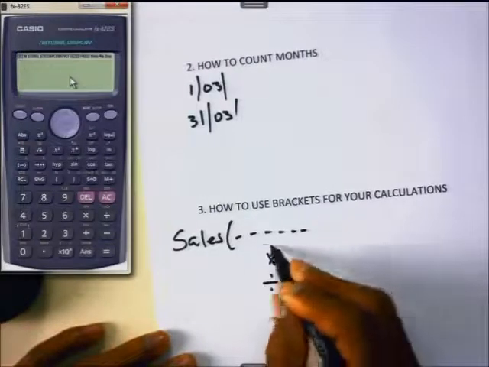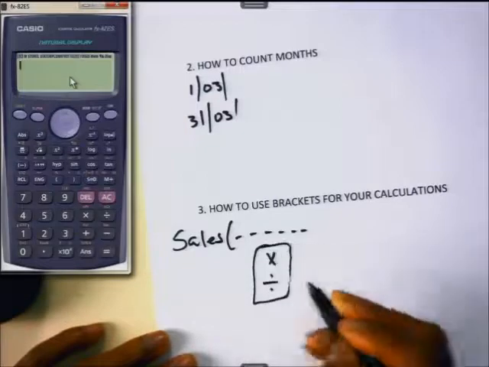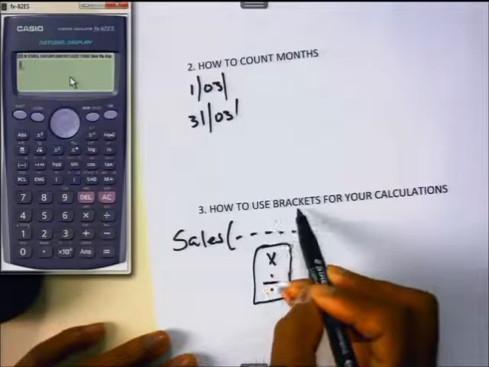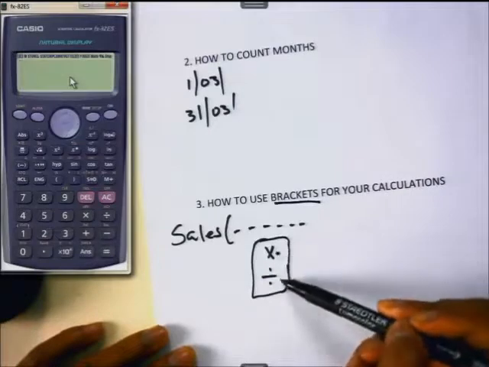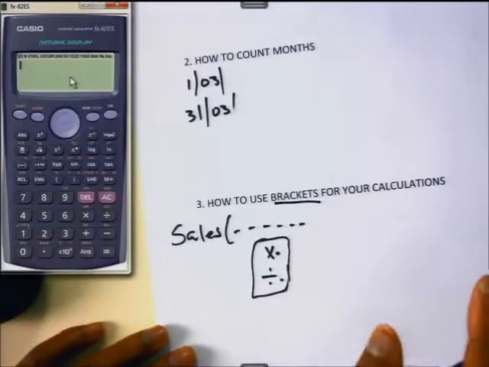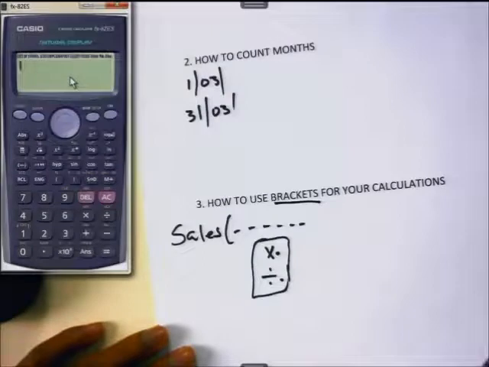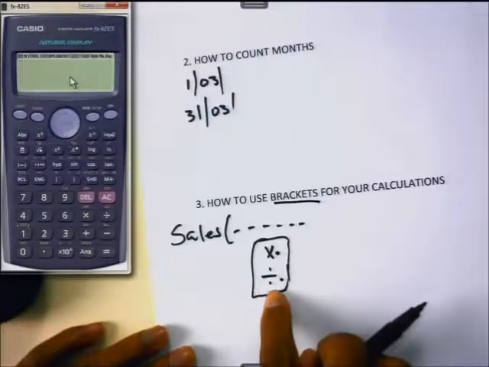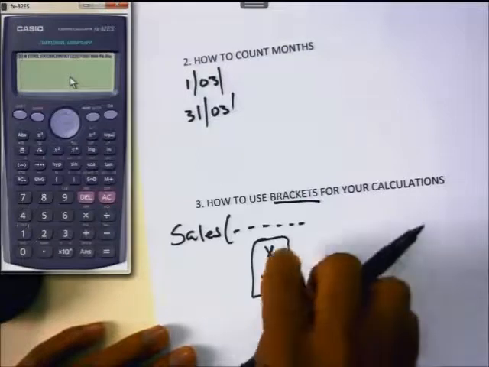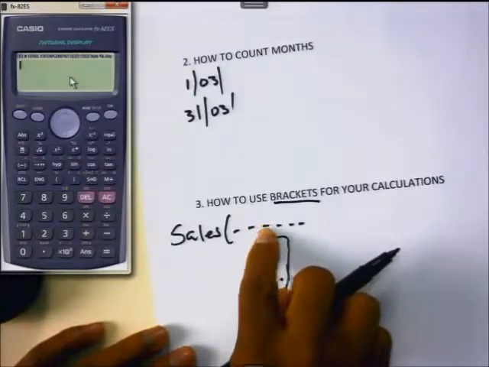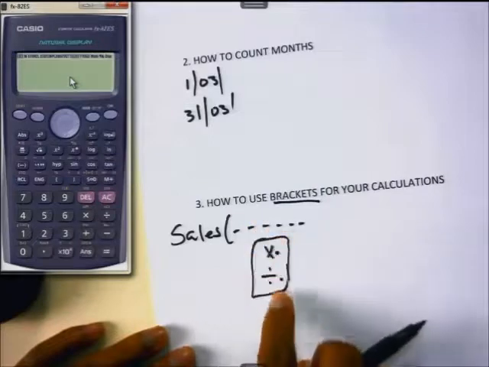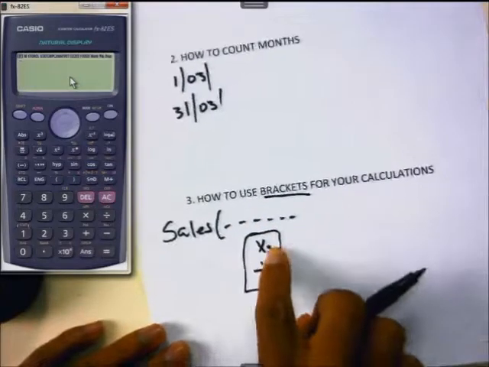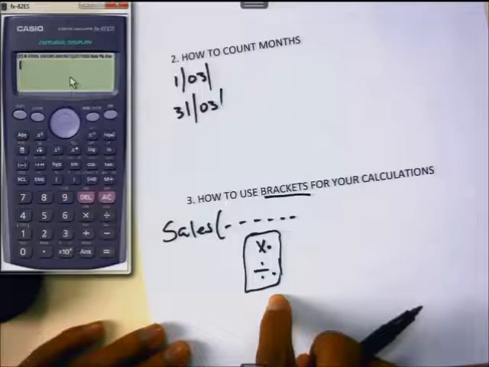If you have to multiply to calculate the figure, you'll have to do it separately and bring only the final answer in the brackets. You'll see when we do the actual question, but you are not allowed to show the multiply or divide in the brackets. So it's very important.